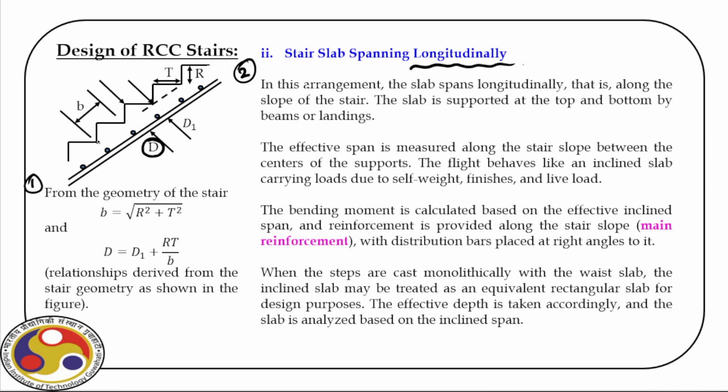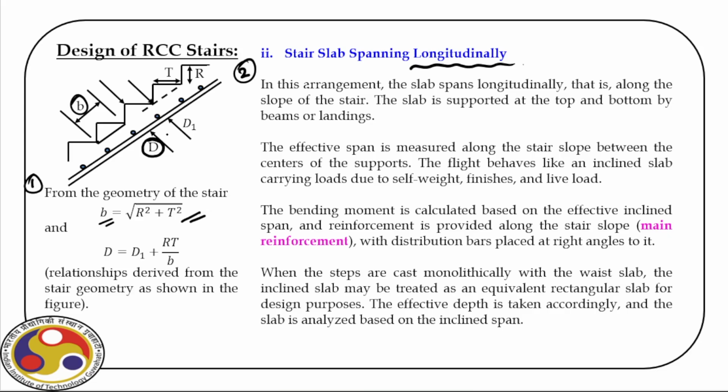This dimension is B, the width that we can actually find out from the geometry, that is rise and tread. So from the Pythagoras theorem, you get B is equal to square root of R square plus T square.